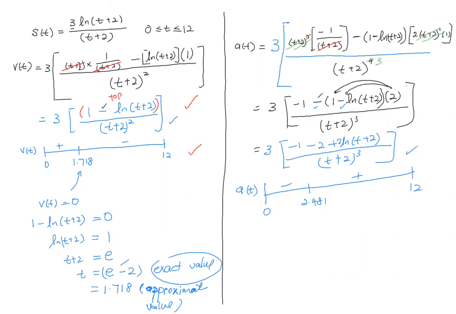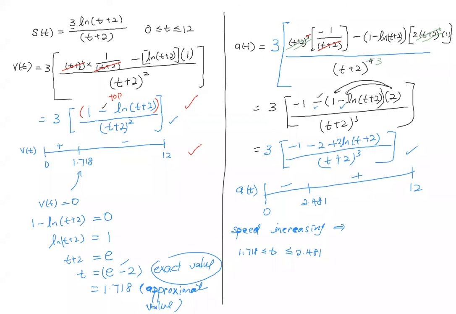Okay, for example, I can continue here. Speed increasing. That means my t has to be between 1.718 and 2.481.